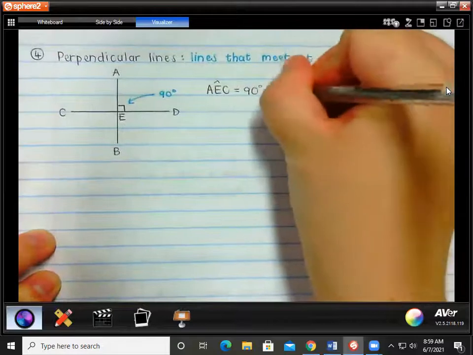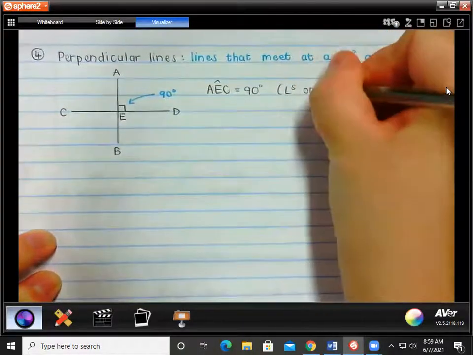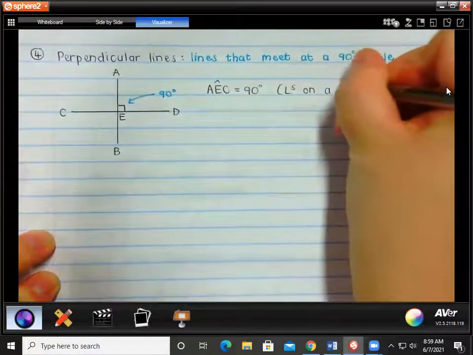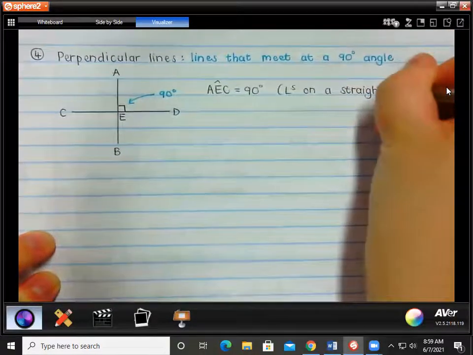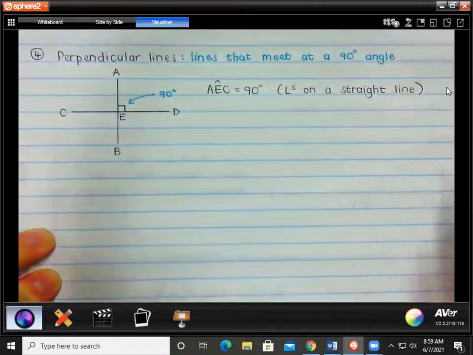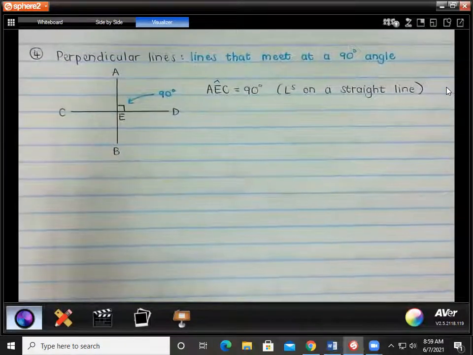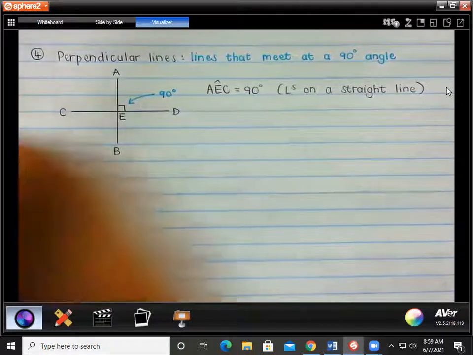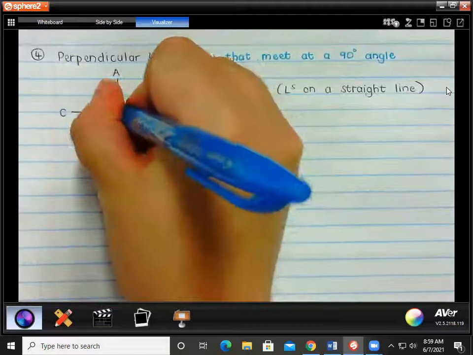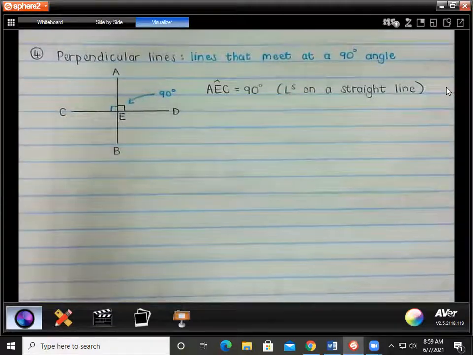So now we're going to say angles on a straight line. Okay, so basically you write the size of the angle and then you write which rule you used to get that value. All right, now we can fill it in with our different color pen or pencil or whatever. Oh, that's a very ugly square, but you get the idea.